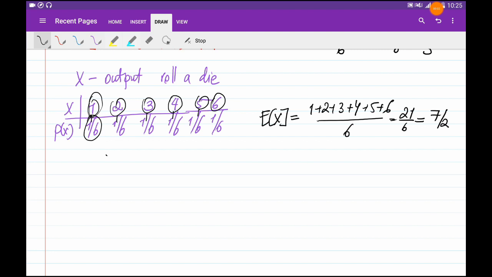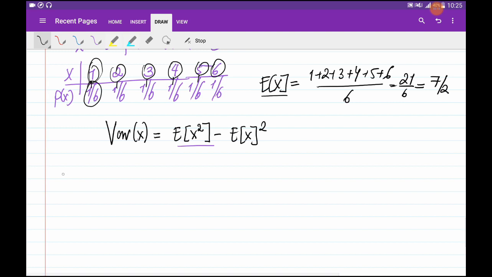And now we will calculate the variance of X using the formula: the expectation of X square minus the expectation of X in the square. We've already calculated the expectation of X, so now we need to calculate the expectation of X square. The expectation of X square is the summation of X square multiplied by the probabilities.